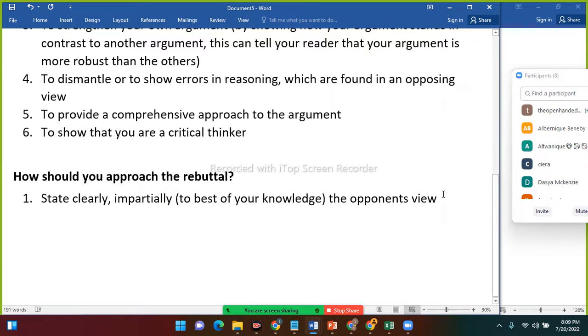So what that means is do not exaggerate, make fun of, or misstate the opponent's view.